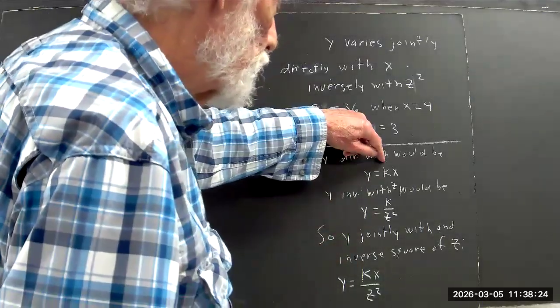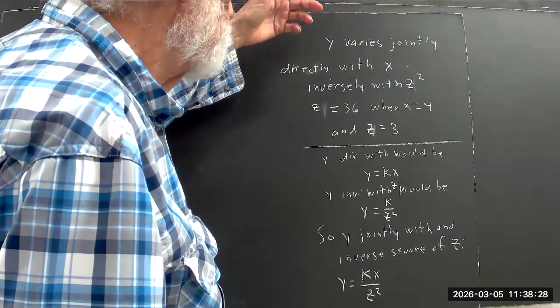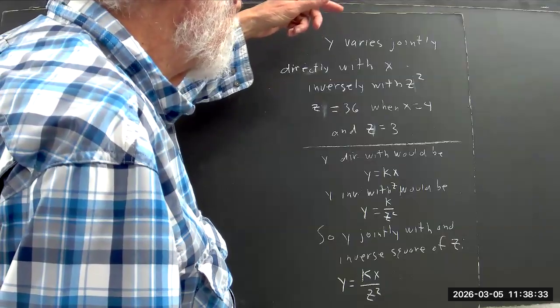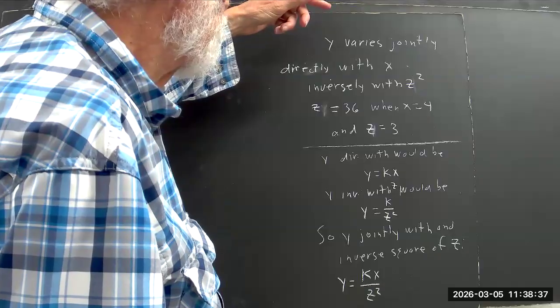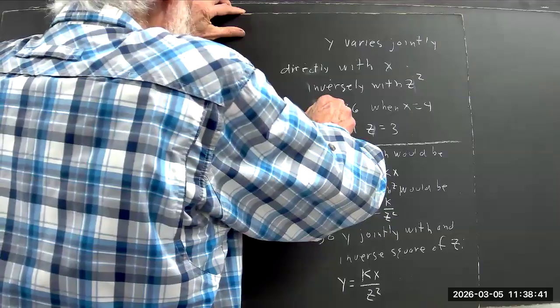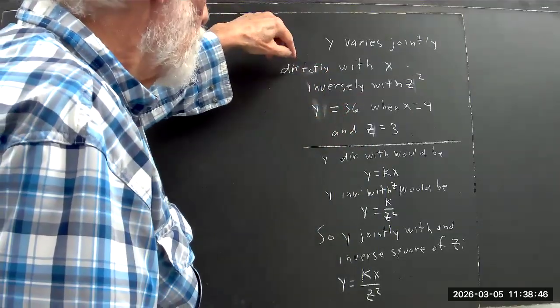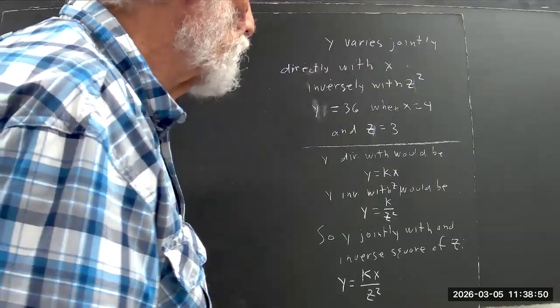Now the k you would get here if you used x equals 4 and put this wrong. Okay. Again, y equals 36 when x equals 4 and z equals 3.